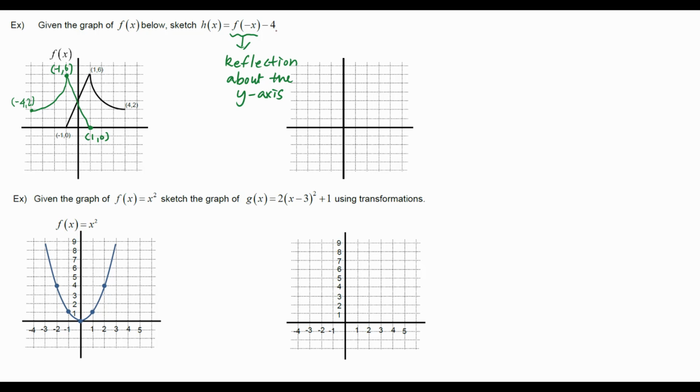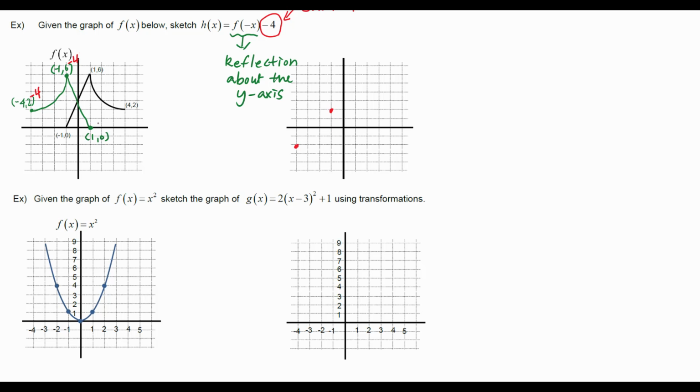And after that, you need to shift down 4 units. So when you shift down 4 units from -4 comma 2, I get -4 comma -2. And then if you shift down 4 units from -1 comma 6, I get -1 comma 2.